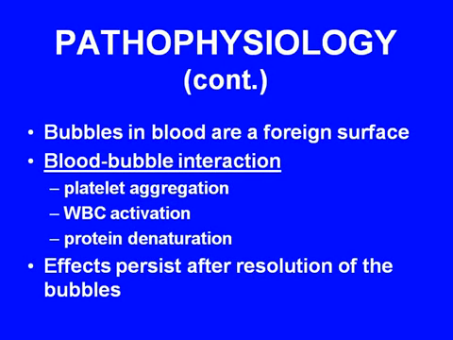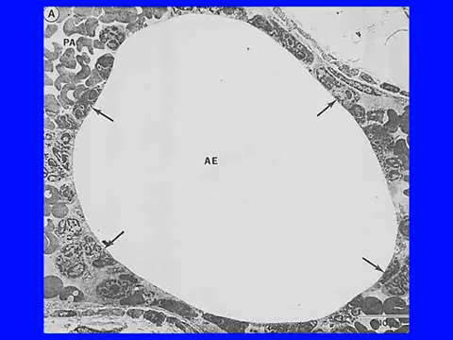Other pathophysiologic effects are that bubbles in blood are a foreign surface, and typical blood-bubble interactions consist of platelet aggregation, white blood cell activation, and protein denaturation, all of which can trigger microthrombus formation that will persist and cause pathology after resolution of the bubbles.